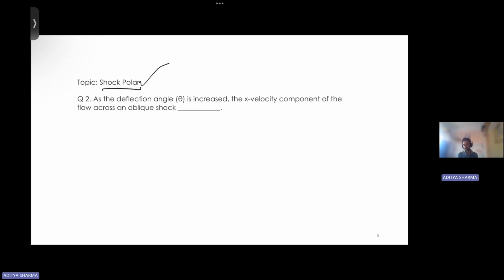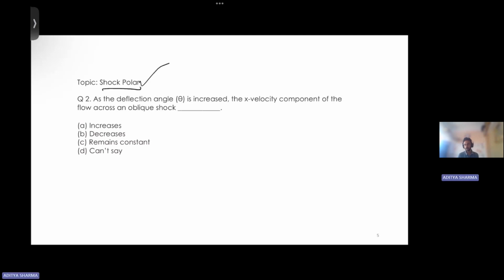So this is a fill in the blank type of question. We have to give our answer as per the given options. First, it increases. Second option is it decreases. Third option is it remains constant. And the fourth option is we cannot comment directly based on the information we have.